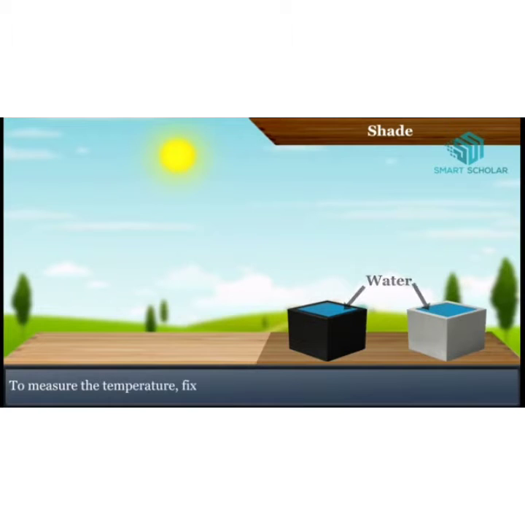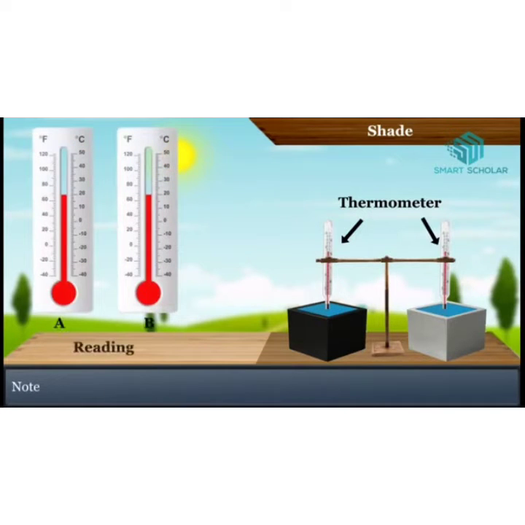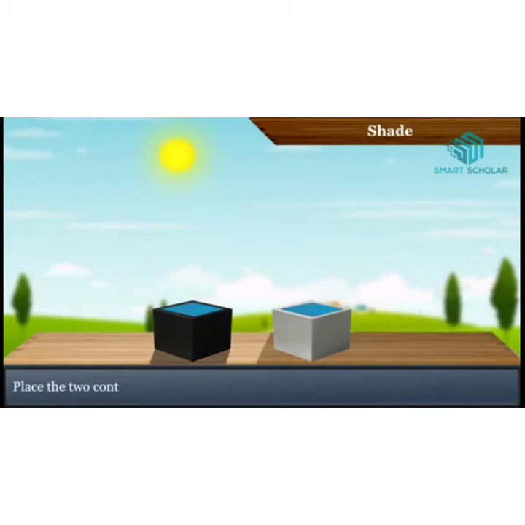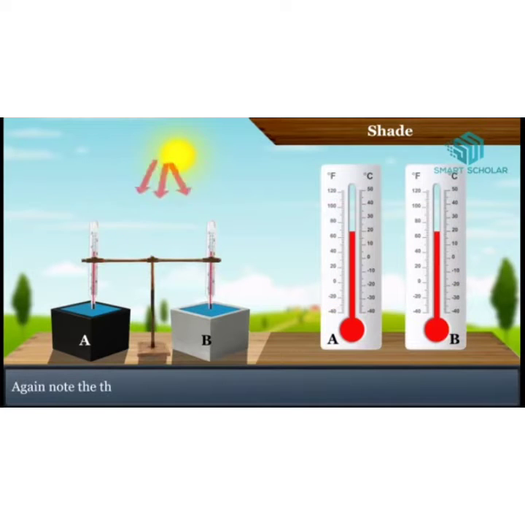To measure the temperature, fix two thermometers in the containers. Note the thermometer readings. Place the two containers in the sun for about 15 to 20 minutes. Again, note the thermometer readings.